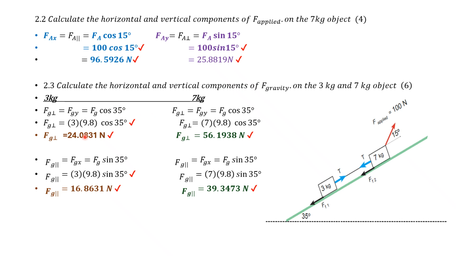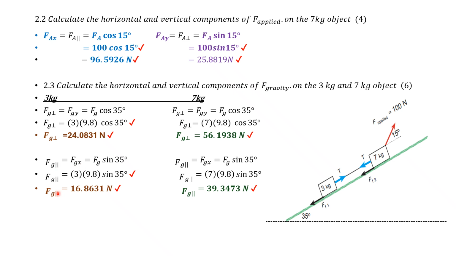Right, so FG perpendicular equals, for the 3 kg, 3 times 9,8 cos 35, which gives me 24,0831 newtons. FG perpendicular for the 7 kg gives me 7 times 9,8 times cos 35, which gives me 56,1938 newtons.